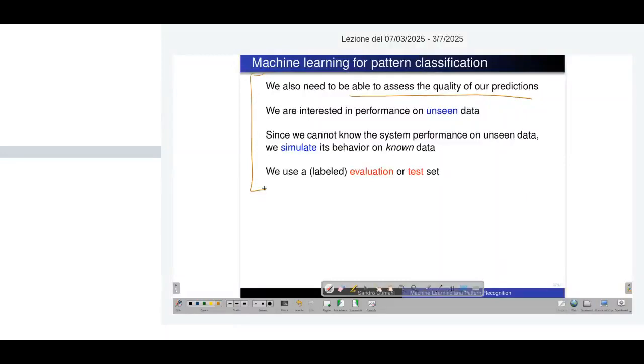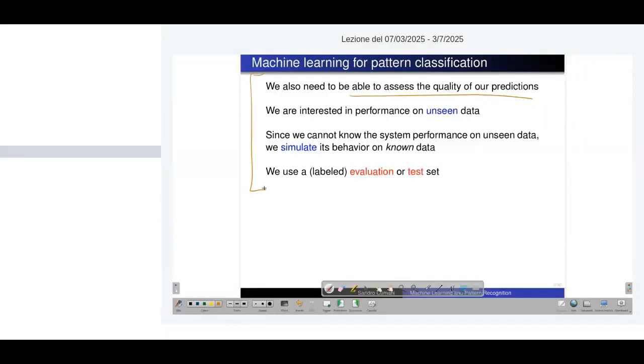We already said yesterday, in case of overfitting, we may have a classifier that does very well on the training set, but then when applied on data that was not used for training, it will perform quite worse. So if we want an evaluation to be fair, to give us some useful information, it should mimic the use case.